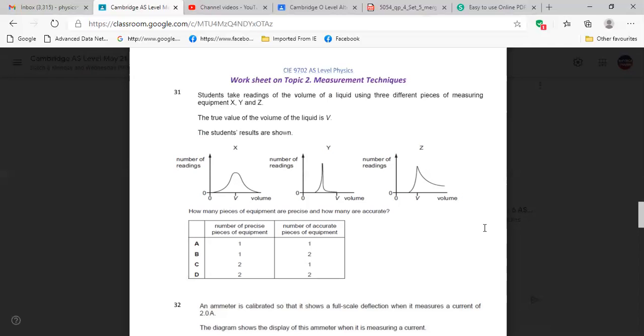So precise and accurate. This idea we already discussed, and now from the diagram you relate that idea. Which one is showing you precise and which one is showing you accurate?